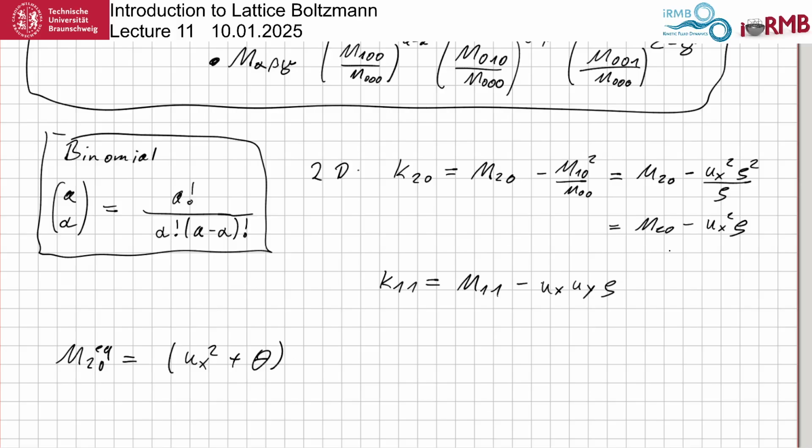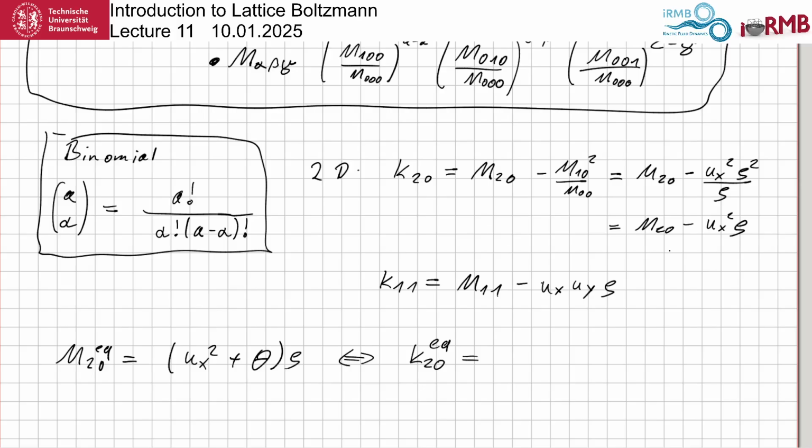So now if you plug this into this, give me a guess, what is the equilibrium now of K20? It's going to be M20 equilibrium minus this part, and then what is left?